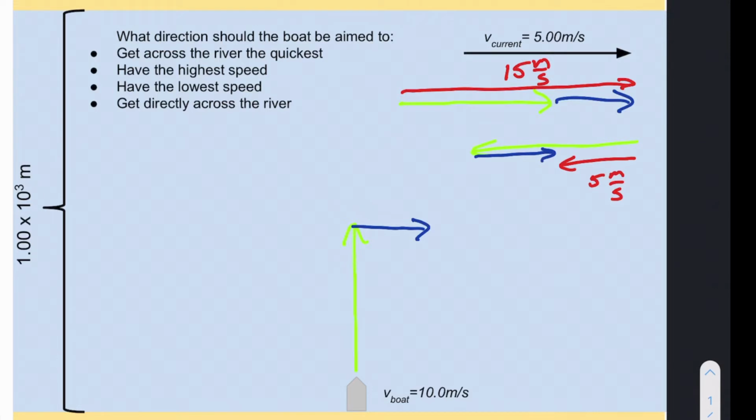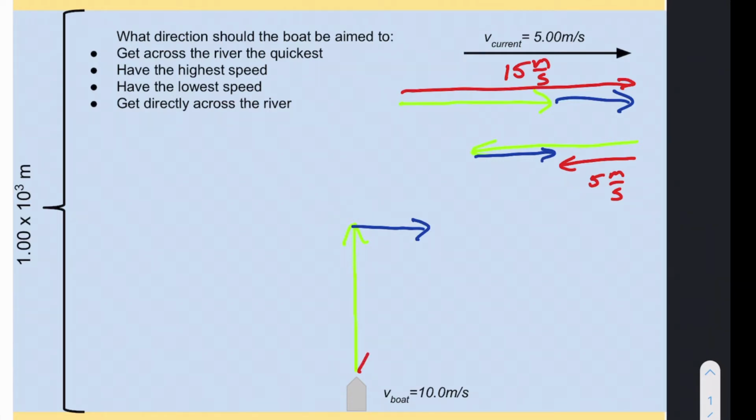There tends to be some error in understanding what happens to get across the river the quickest. And actually, I drew the vectors that would get across the river the quickest. And that is this situation down here from the boat. To get across the river the quickest, you want the boat to aim directly perpendicular to the current.